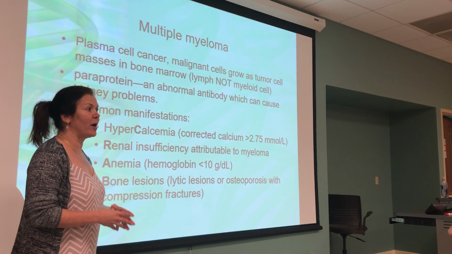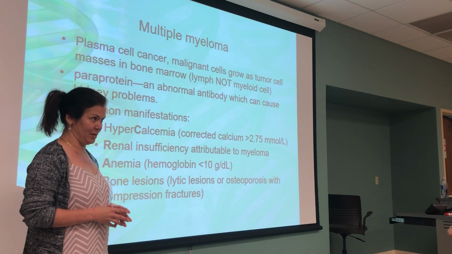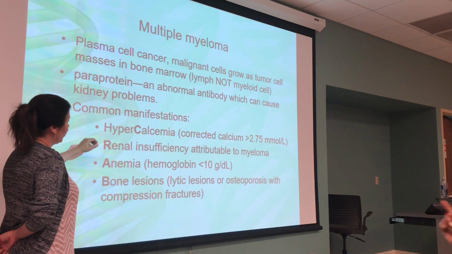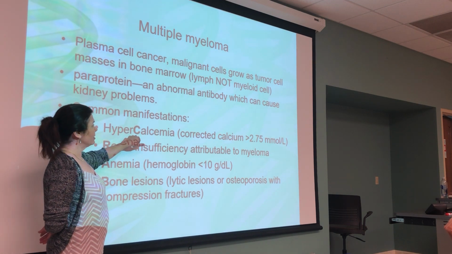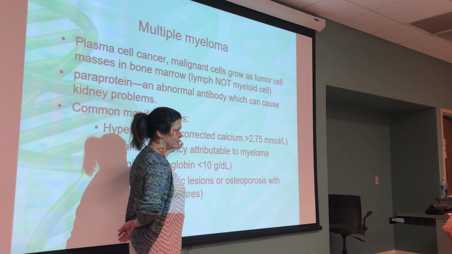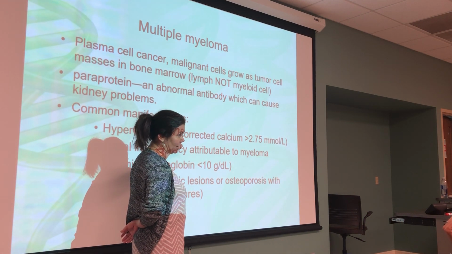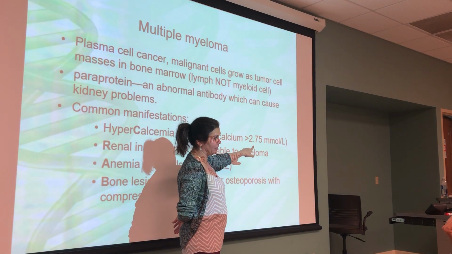That you can summarize as CRAB, C-R-A-B, okay? So C for hypercalcemia, 11.5 or more when it's a total calcium, and you have ionized calcium more than 2.75.